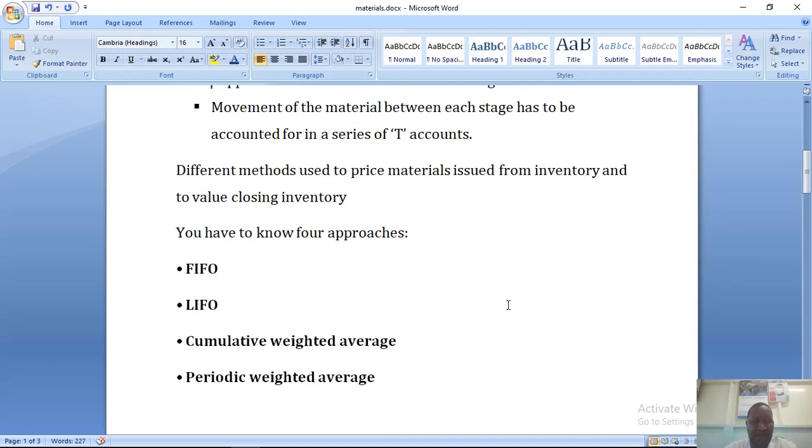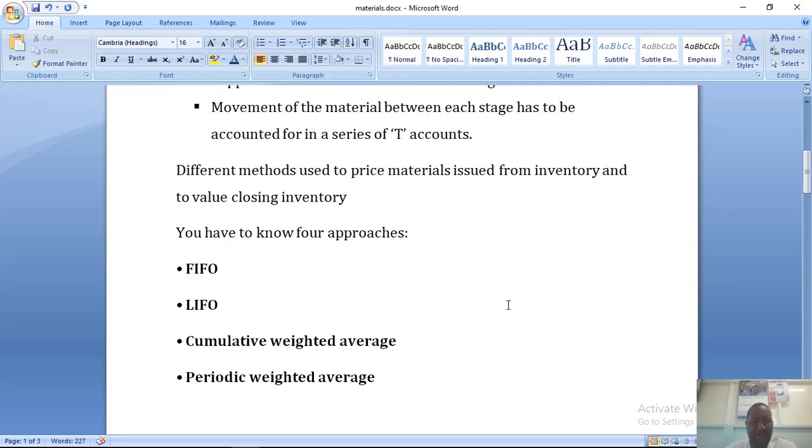FIFO means first in, first out. So the FIFO method assumes that the materials that arrive first are the first to be used. So first in, first out, that's what FIFO means. The other inventory valuation method or pricing method for material issues is LIFO.